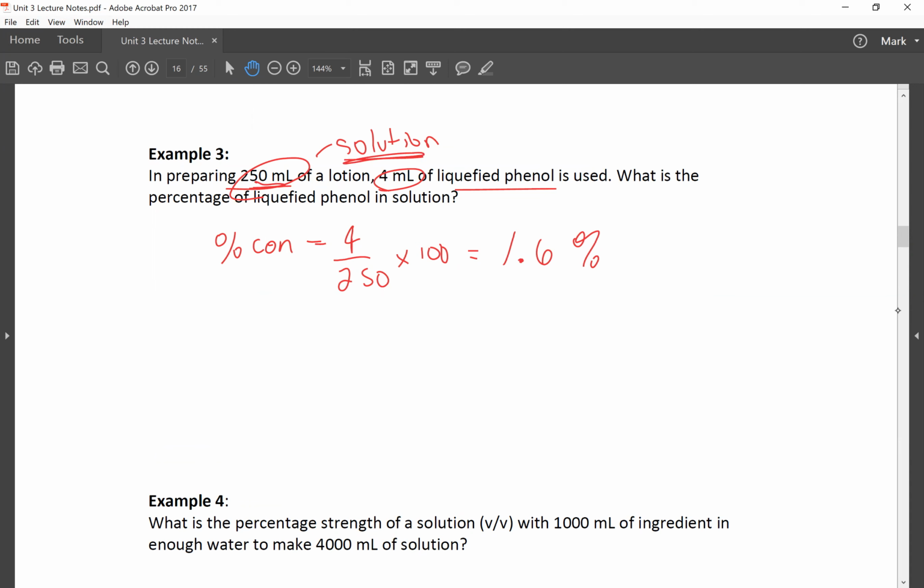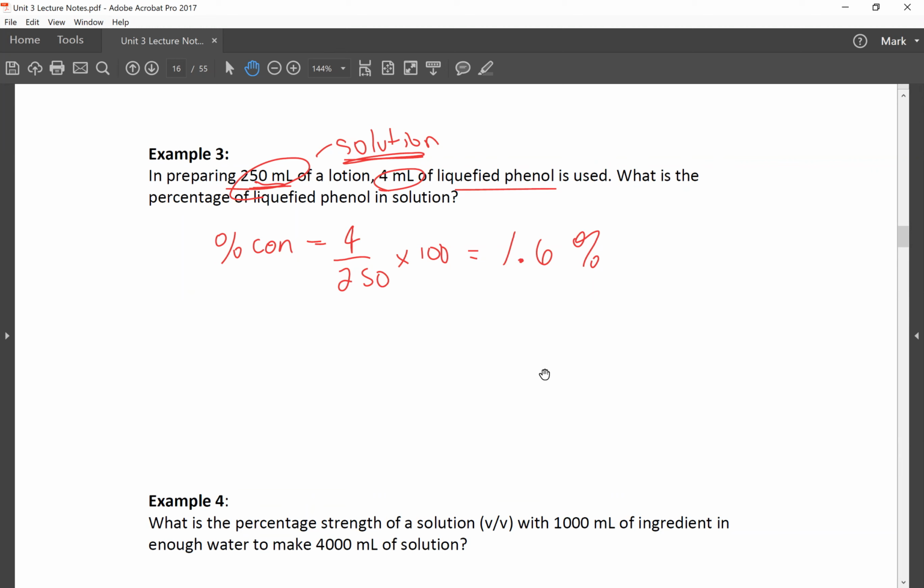So if anybody got 1.57, if you added them together, I know what you're thinking, but not for this question. We're making a total of 250 mils of the lotion. Just be careful with the way that the question is worded. For the people who did add, you were thinking very good, just be careful.